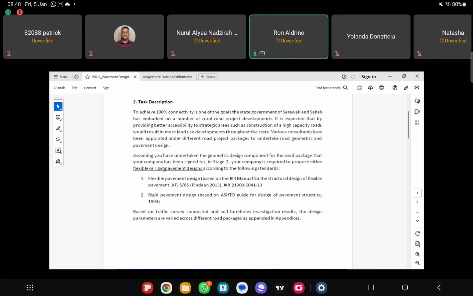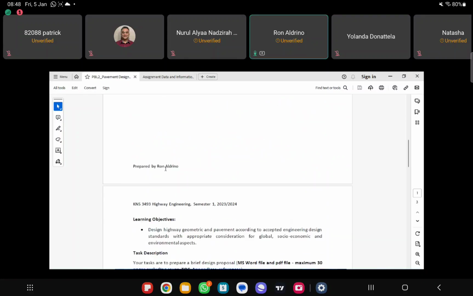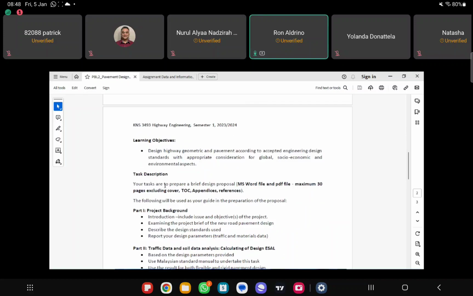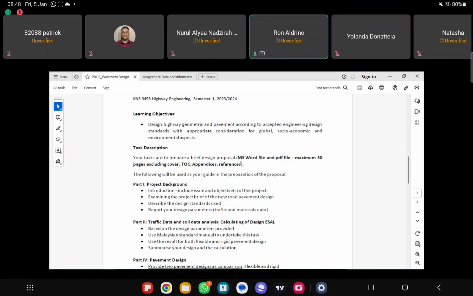This is the actual brief. Your task description is here: your design proposal should be in Word file and also PDF file with a maximum of 30 pages, excluding cover, table of contents, appendix, and references.